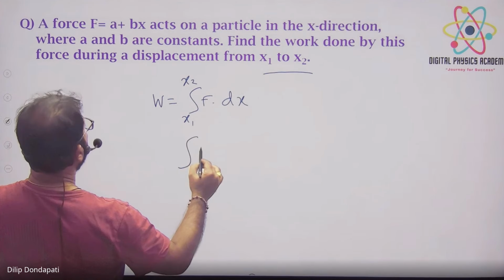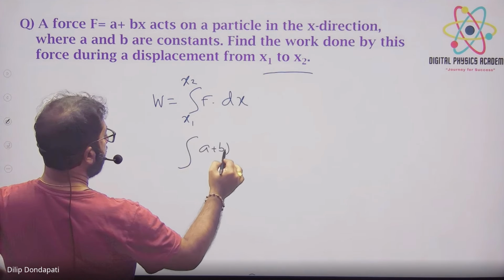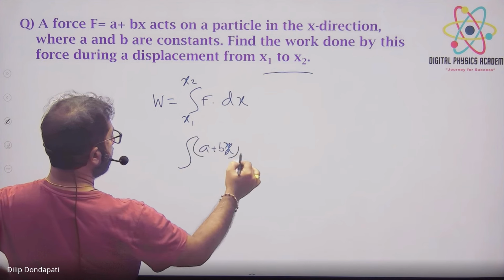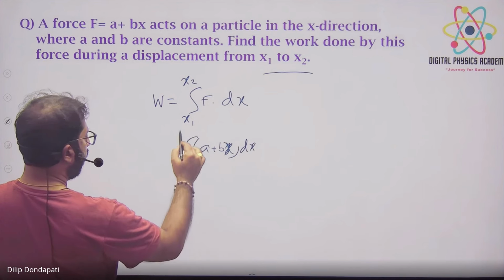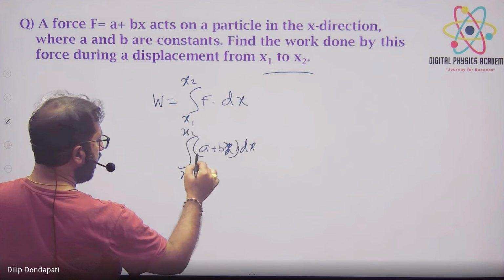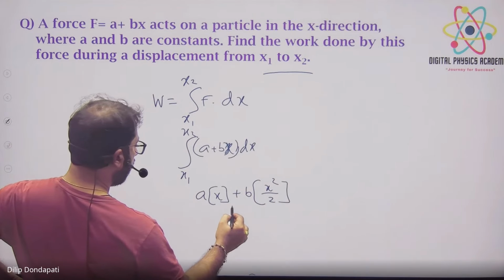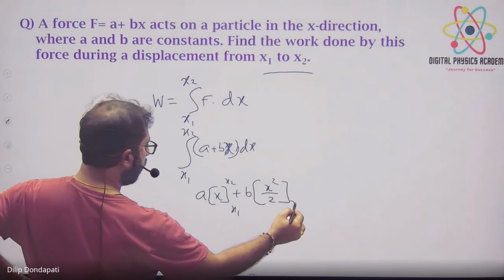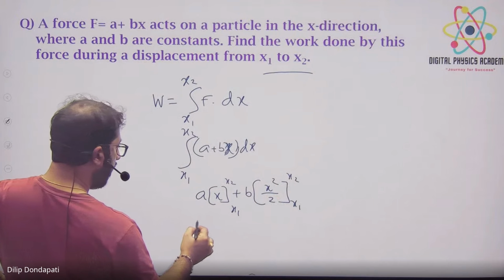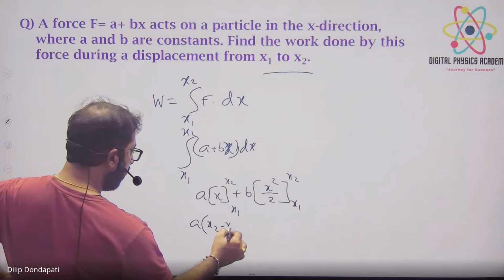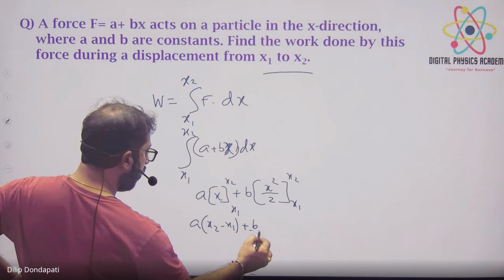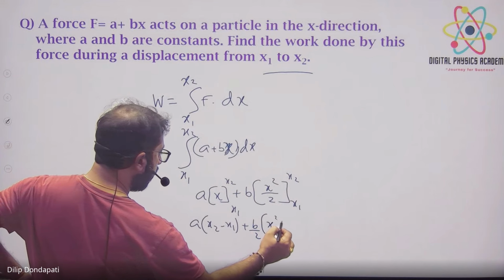So integral a plus bx dx from x1 to x2. तो इंटीग्रेशन करने समय a बाहर आ जाएगा. a का dx is x. Won't we get ax2 minus ax1 plus bx2 square minus bx1 square by 2? हाँ, सेम ओनली. a into x2 minus x1 plus b by 2 into x2 square minus x1 square.